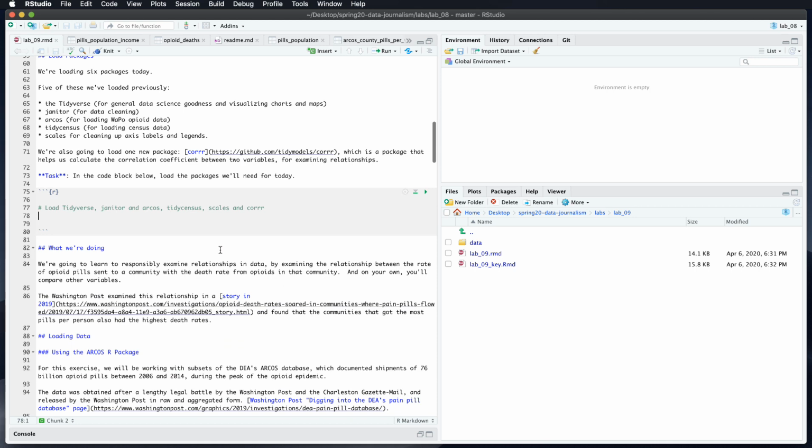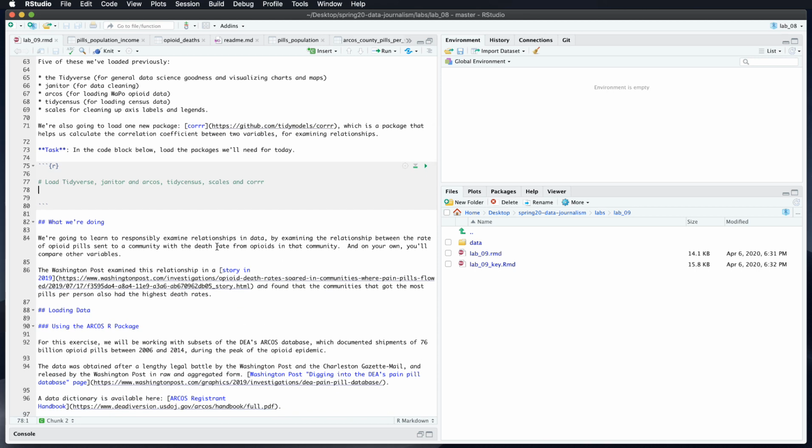Okay, so we're going to learn to examine relationships at first by examining the relationship between the rate of opioid pills that were sent to counties across the United States and compare that with the death rate from opioids in that community.